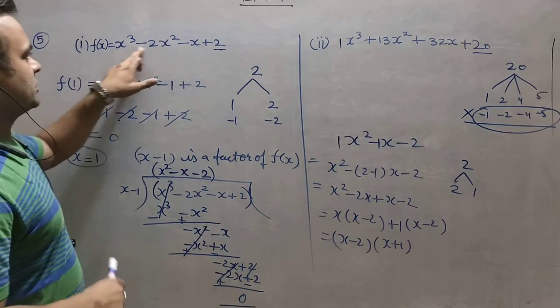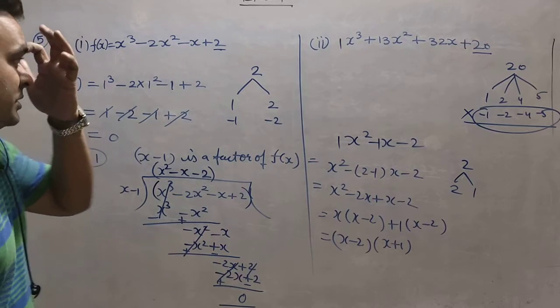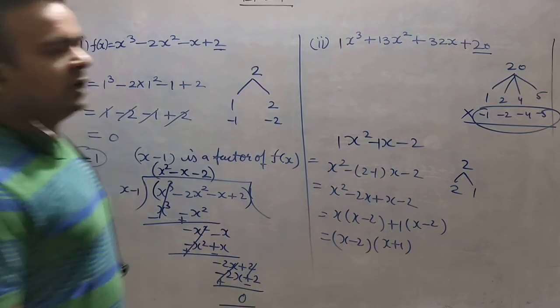Here you can see some values are in minus and some are in plus, so minus or plus, anyone can be a root.